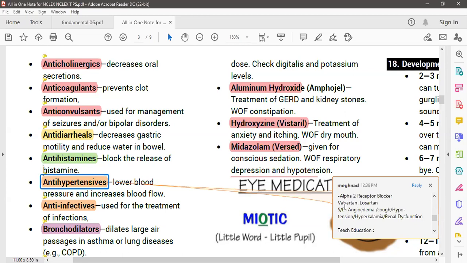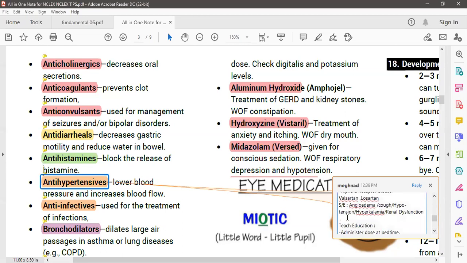And most of the time, valsartan or losartan are taken orally.